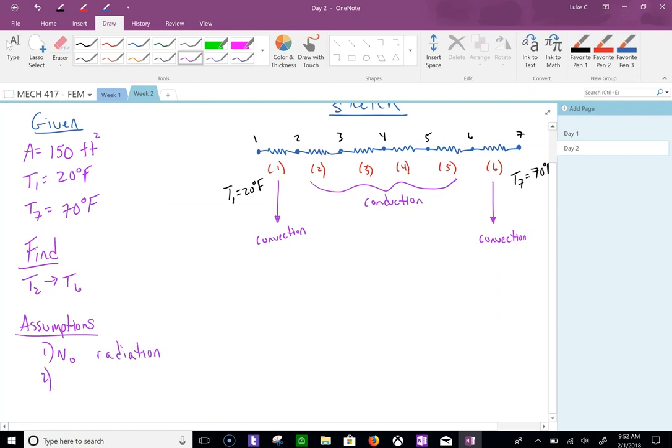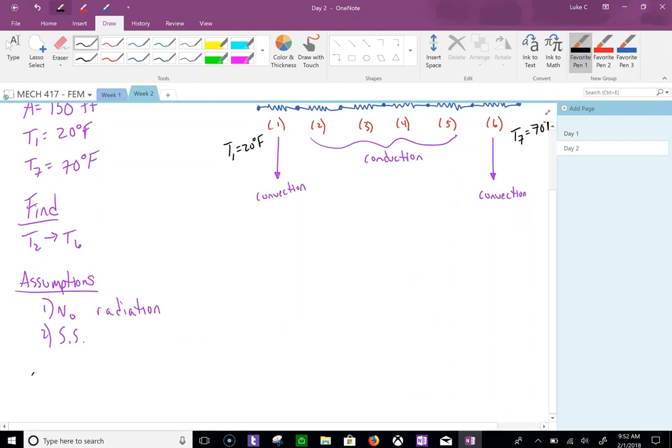Do we have initial conditions? There's no initial conditions because we're going to assume that this thing is always going to have that same temperature forever. So what does that mean? Steady state, yep.